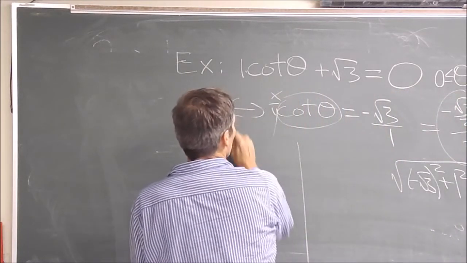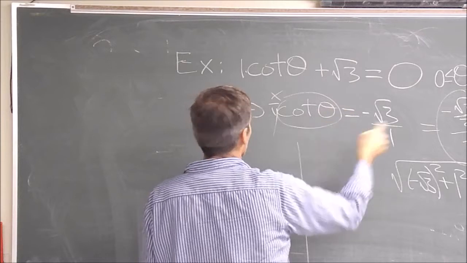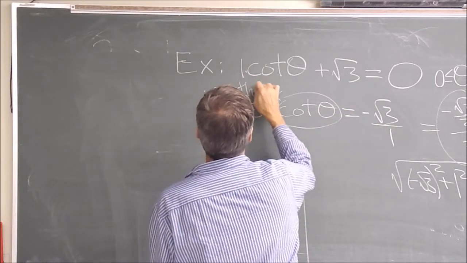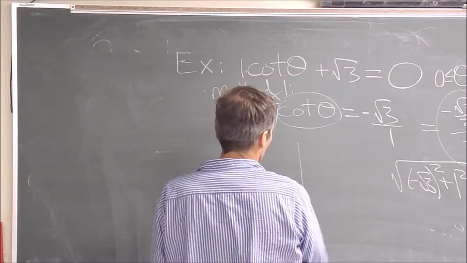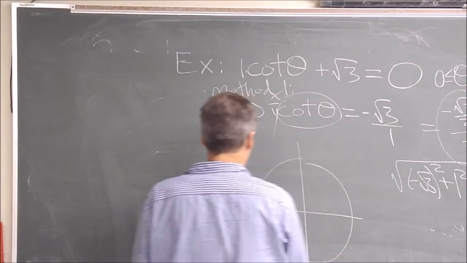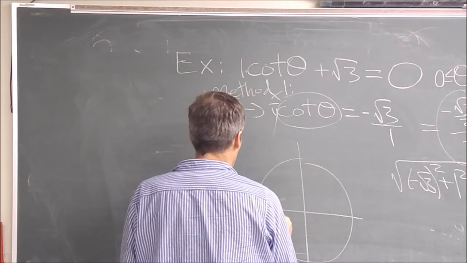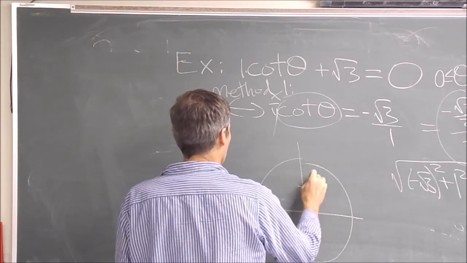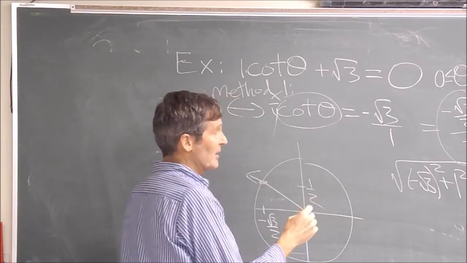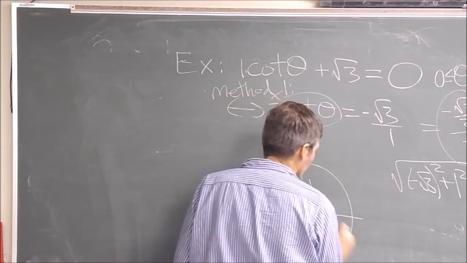Now I go to method 1 because I have a trig function equal to a number. That's what I started here. And I say, well, x could be minus square root 3 over 2, y could be a half. And for tangent and cotangent, the other one is always directly opposite, so it'll be over here.